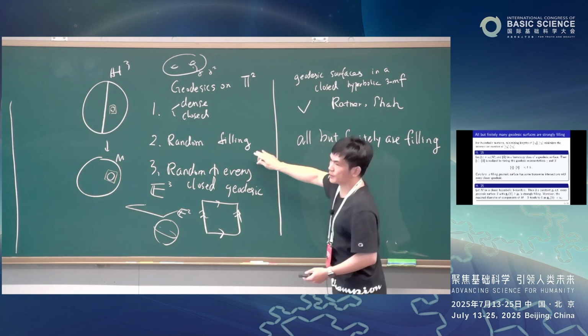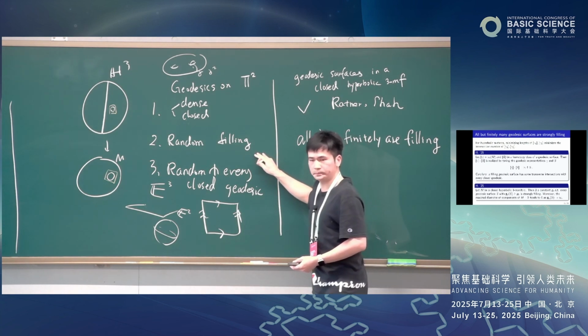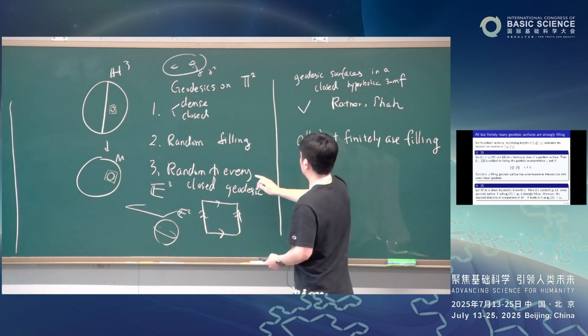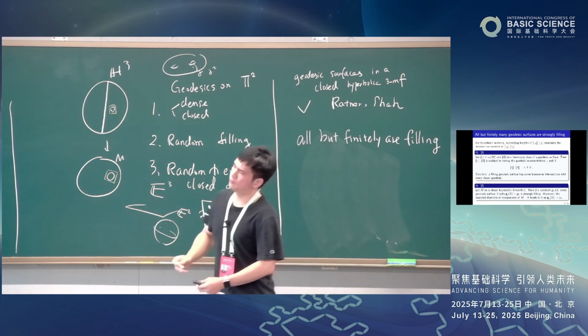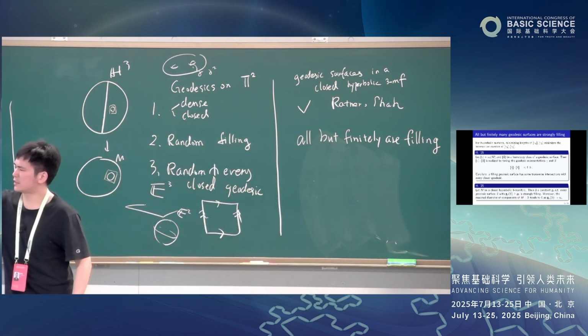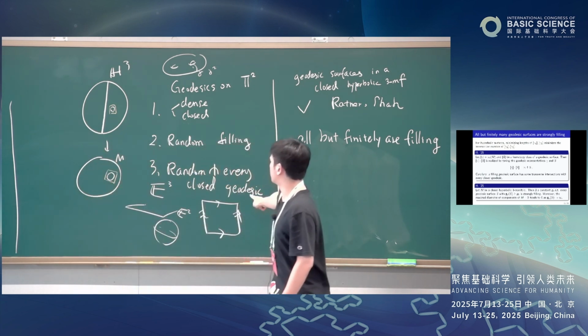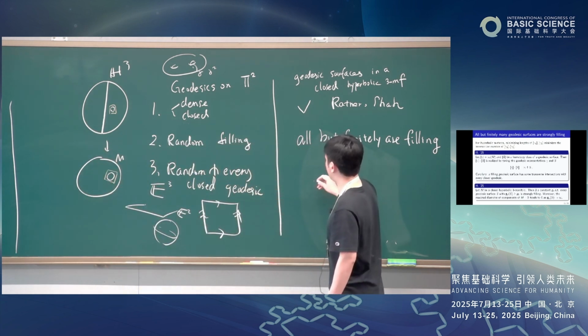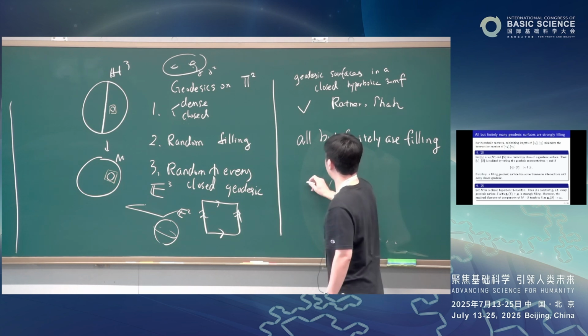It's just like this, but stronger. And because my fitting geodesic surface transversally intersects every closed geodesic, this property also holds, but replaced by the stronger all but finitely many.